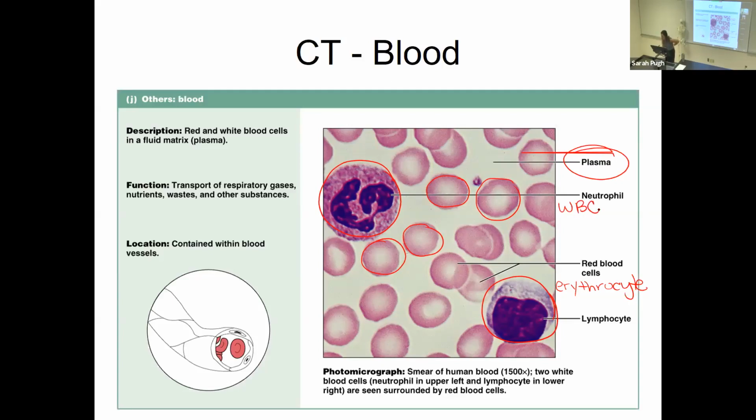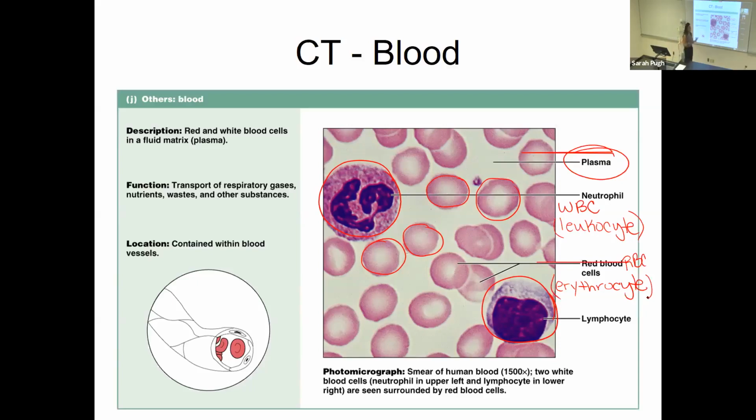We also can call them leukocytes. So a white blood cell or a leukocyte, or a red blood cell, I'll call RBC, or an erythrocyte.